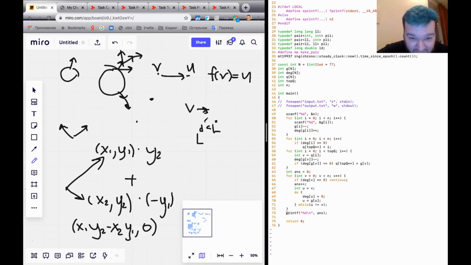Well, then we can reverse all the moves to get from here to here, and then make a sequence of moves to get from here to here, which should be possible.